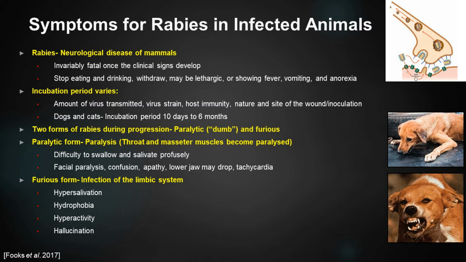The second one is known as the furious form, which represents an infection of the limbic system in the brain. It could present as a hypersalivation state, also hydrophobia, hyperactivity, and hallucination are all possible symptoms.